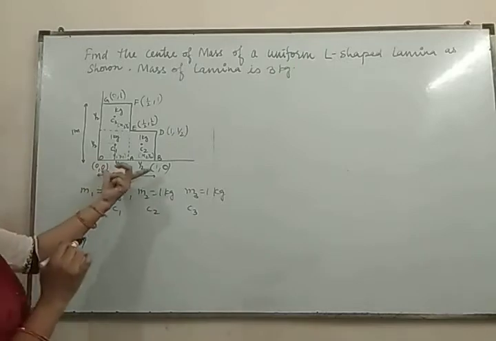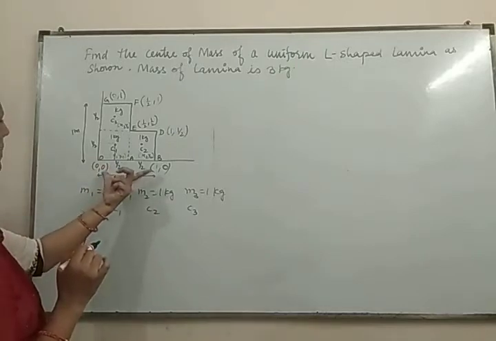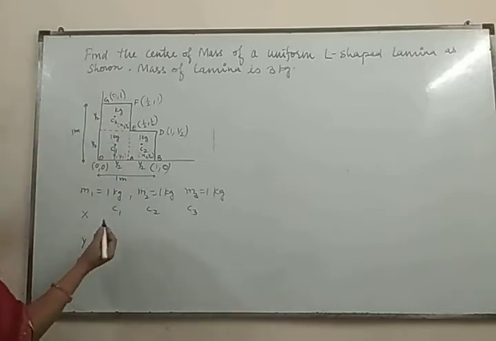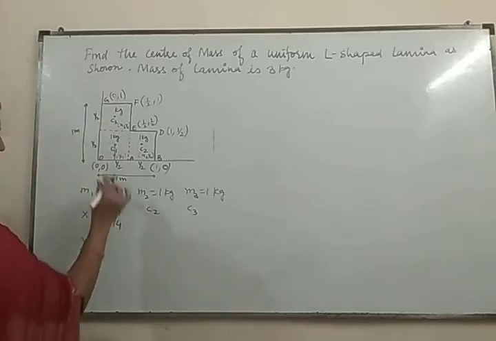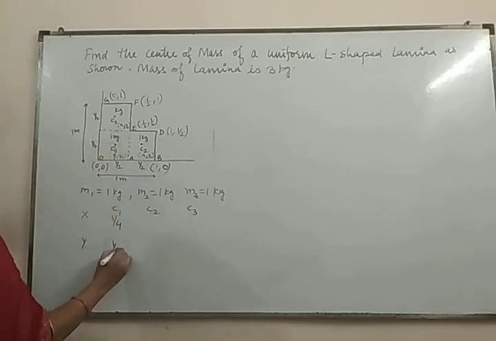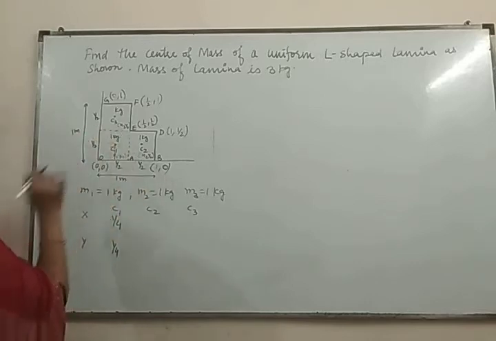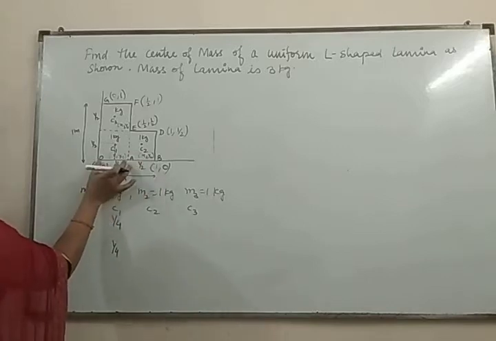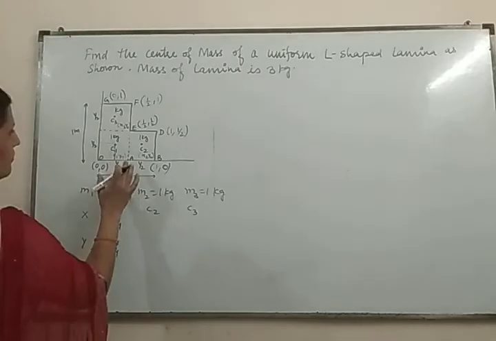If you have taken the complete value as 1, then this is half of the half value. It means C1 is 1 by 4 from here and 1 by 4 from here, if this complete value is 1. You can also take it as 2. 1 is this and 1 is this. You can take it like this.